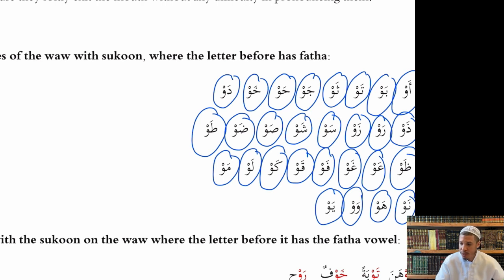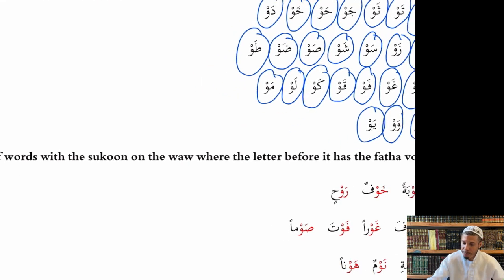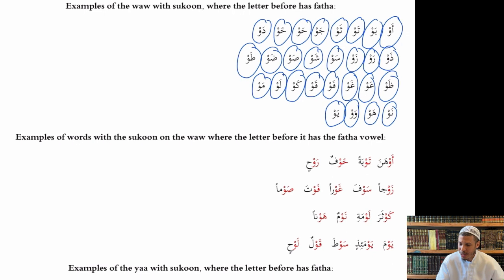But most times, in order to make a word, you're going to find letters that come after it to make an entire word. So here, we want to go over some examples of words that have the sukoon on the waw when the letter before it has the fatha vowel.